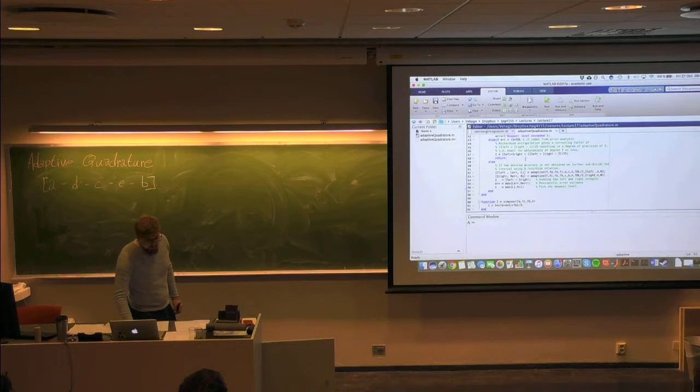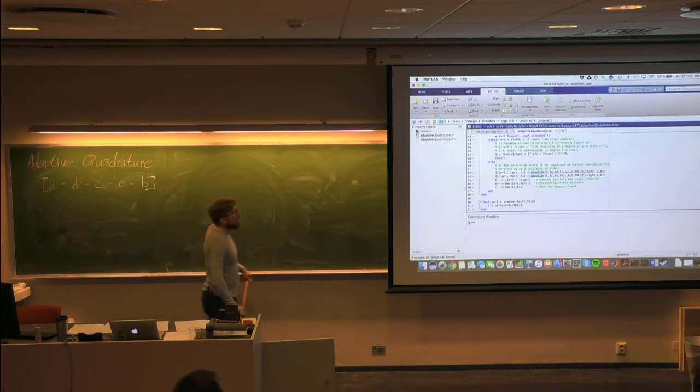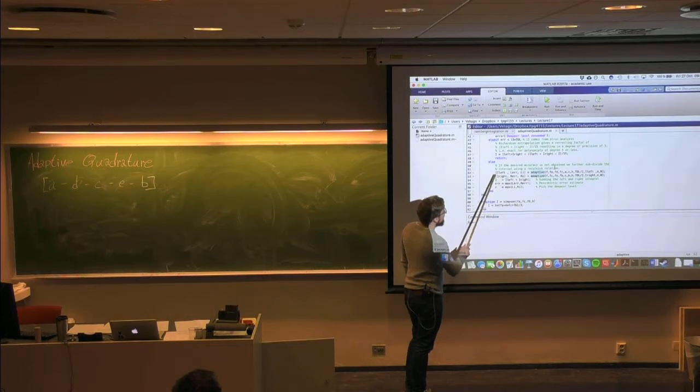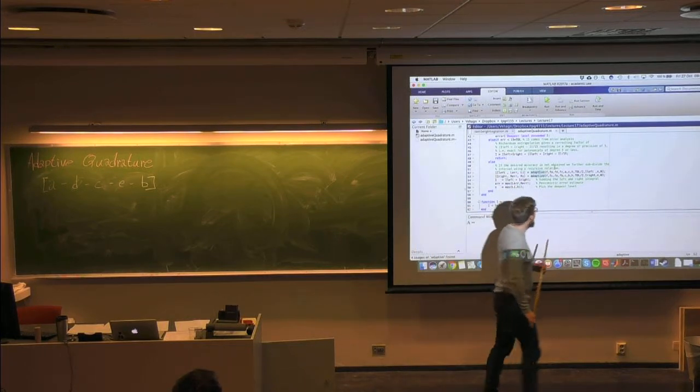And then you have the interesting bits. This is the else. So if you are not satisfied, if you haven't gotten the accuracy you want, then you need to run this function again. And this is why this is a recursive relation. So here you see I have to use the function again. Here I call it first for the left side.